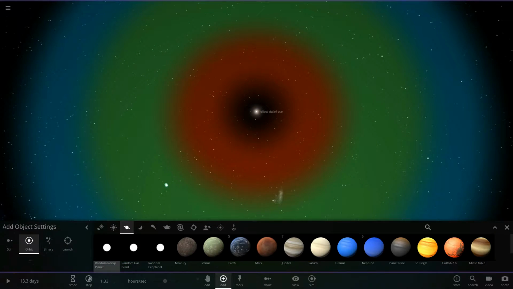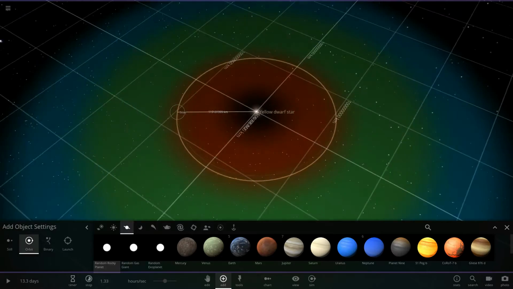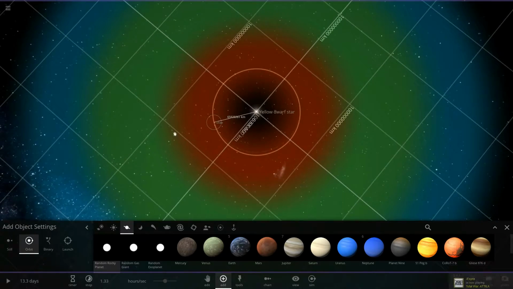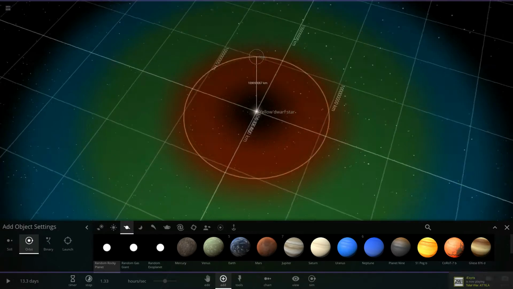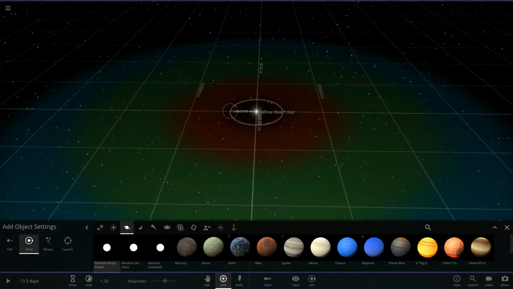So yellow dwarfs can have much more space. They really do. They have much more space, and they have calmer systems. I know that sounds like an absolute joke, but they do have calmer systems.